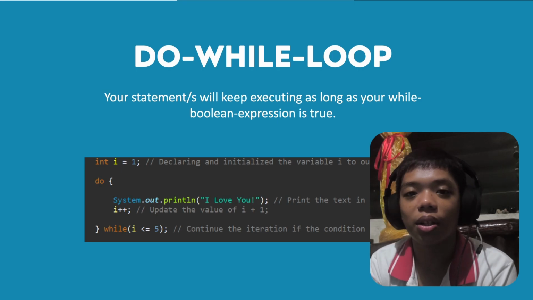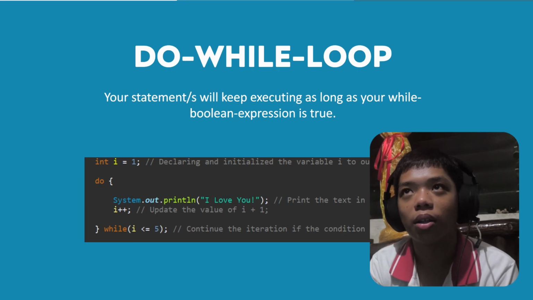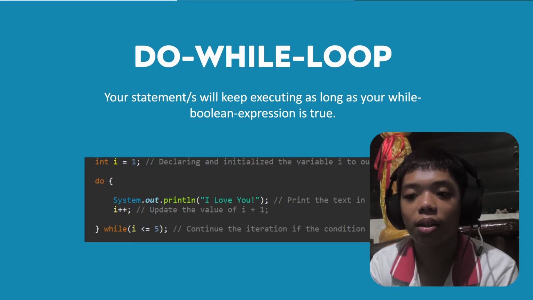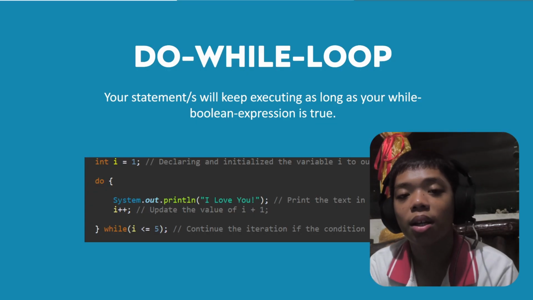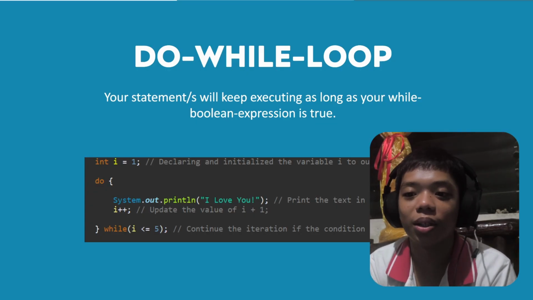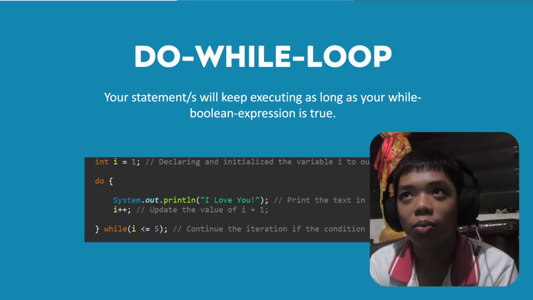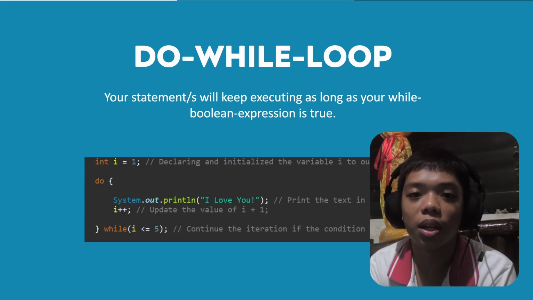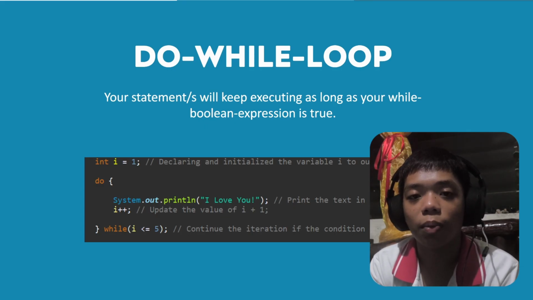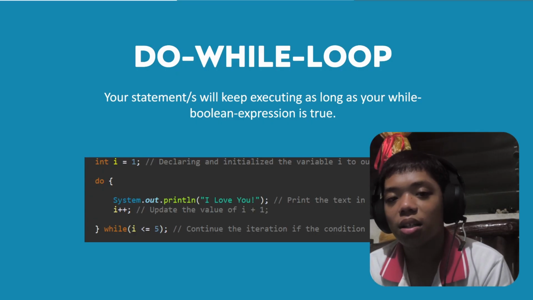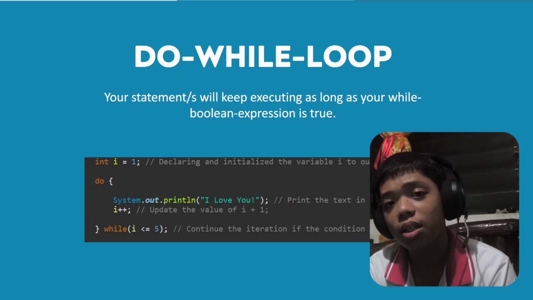I is less than or equal to 5. And right now that is 5, and that is still true because there is an equal sign. It'll go back to the do while loop body, execute, and update, and this time it will have a value of 6. And if we check the Boolean expression, 6 is less than or equal to 5, which is false.